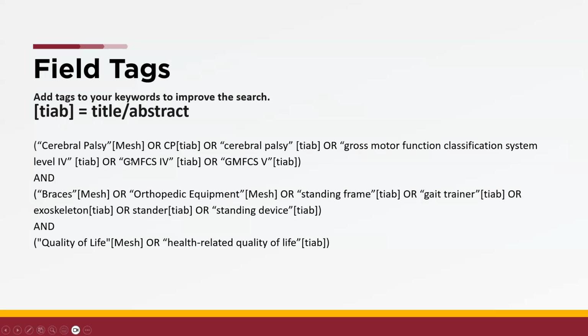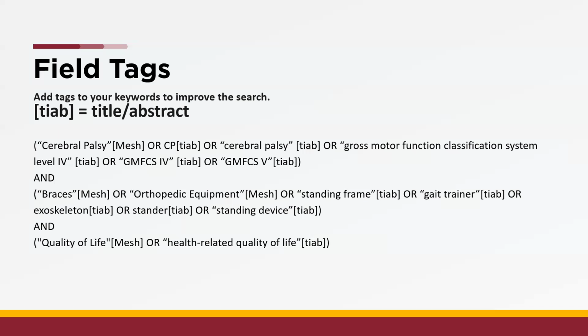Now you'll see I put that TIAB tag on every single one of my keywords. It's a tag that tells PubMed, because this is specific to PubMed search so far, that I only want you to look for this in the title and the abstracts.